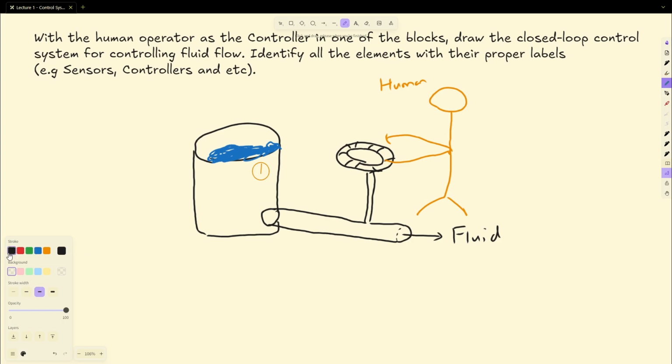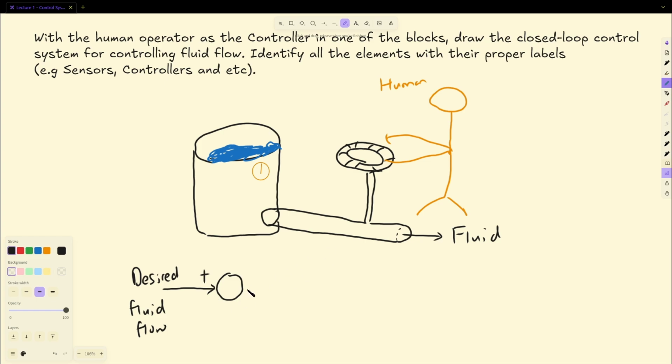So in the beginning we have a desired fluid flow, right? It's going to have the error, so this will be plus.